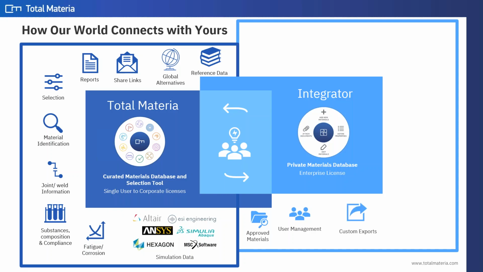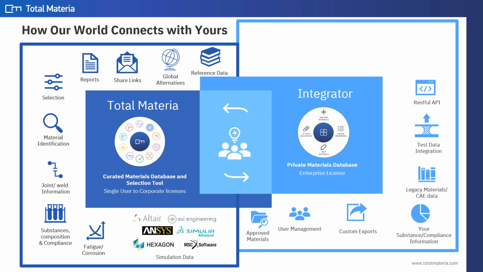You have custom exports that could work out well in Total Materia. As I think I briefly showed in the video, we exported tensile and yield strength, I believe, to ANSYS. If you wanted to quickly customize those exports based on your needs, in Integrator you would be able to do that. Also having your substance and compliance information, legacy information, testing data, APIs.